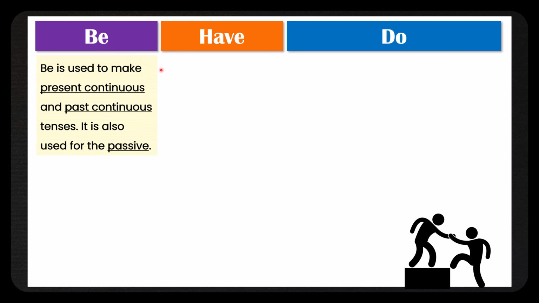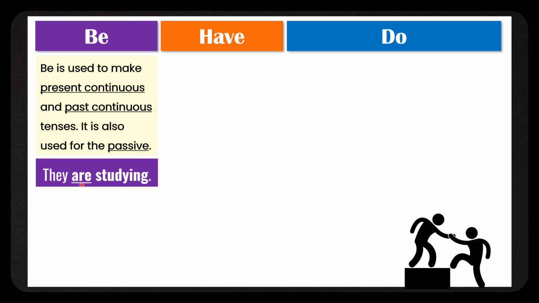Be is used to make the present continuous and the past continuous tenses. It's also used for the passive voice. For example, they are studying. We have the main verb studying, and are is a form of the verb to be.